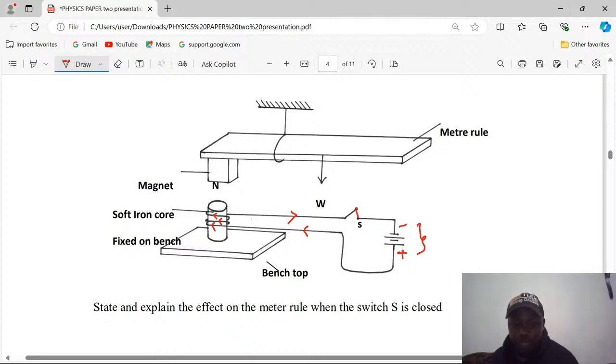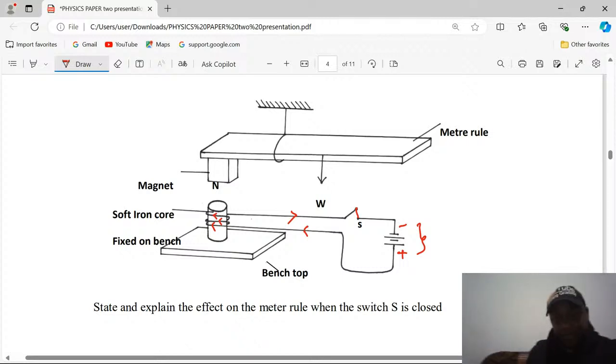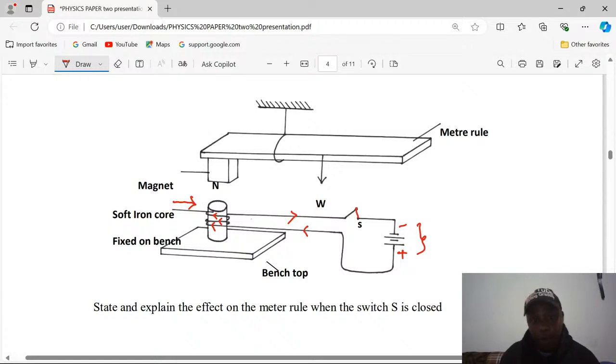So the magnet which will be caused can now be determined following the clock rule. If we choose to follow the clock rule, we will be able to tell, if we observe the flow of current from this point, let's say we are standing there, then from where I have put my arrow, the current will be flowing in a clockwise direction.